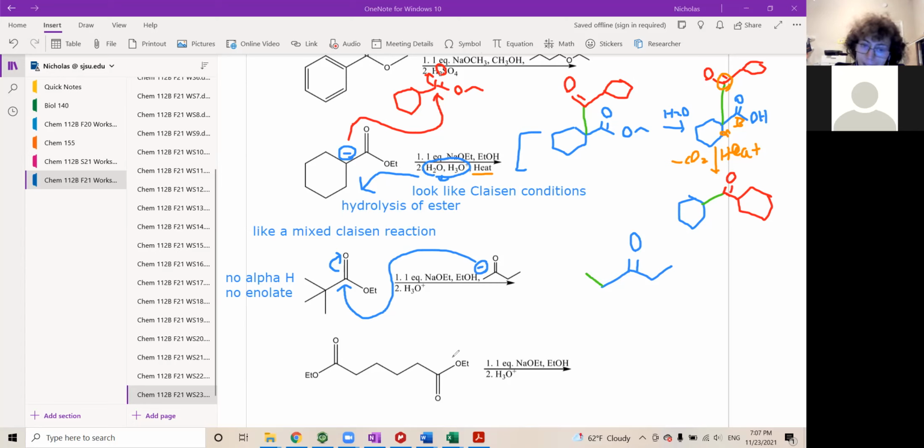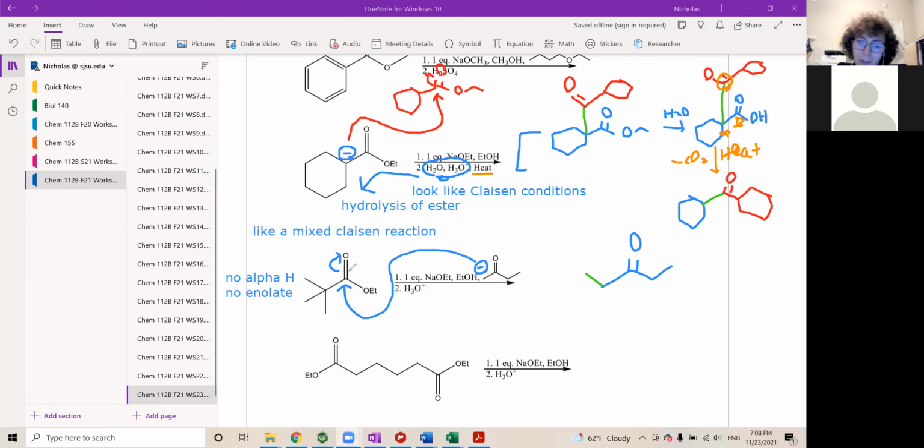And this is one that I think it might help to do the full mechanism on your own to make sure you understand why it goes like this. But remember from the mechanism, the electrophilic ester leads to an alkoxide when you have this arrow pushing towards the carbonyl oxygen, you form an alkoxide.